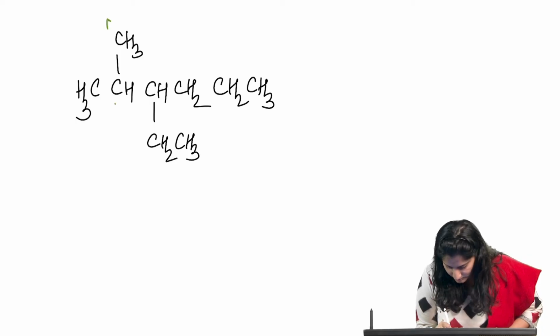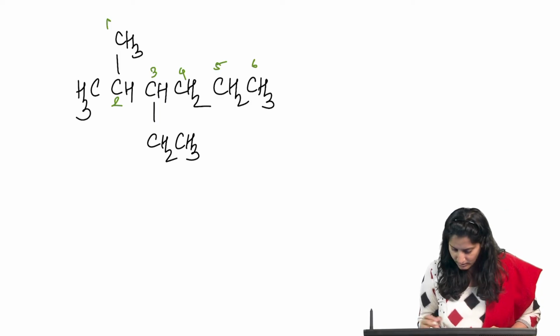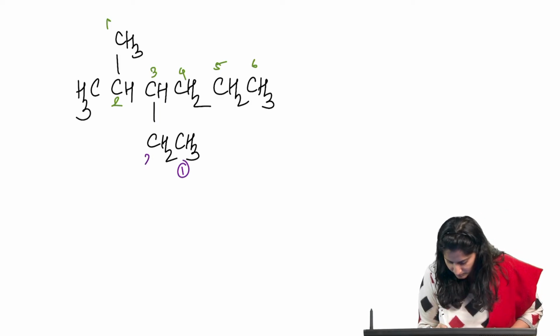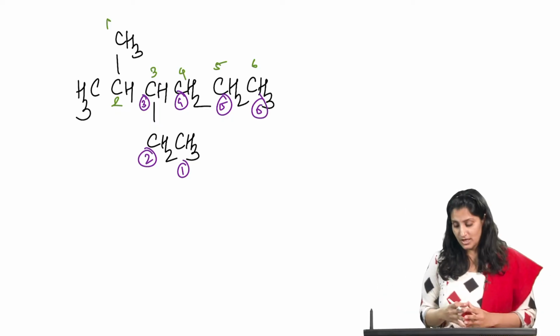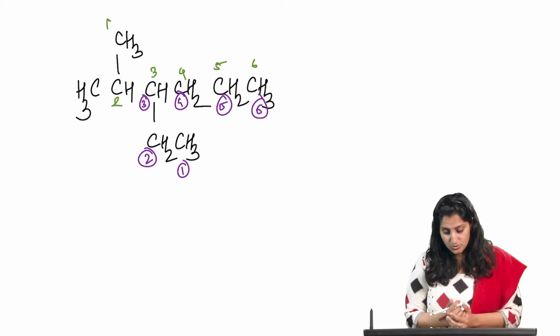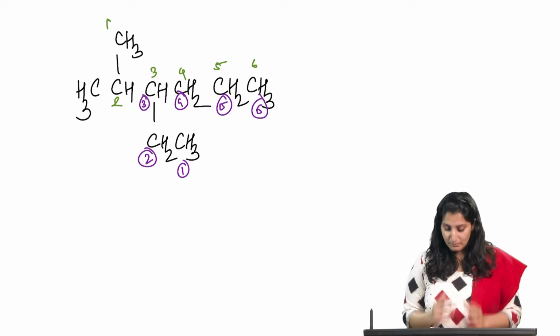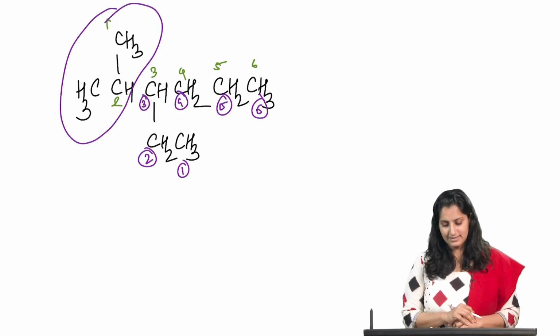I have 1, 2, 3, 4, 5, 6 as one of the chains, or I can have 1, 2, 3, 4, 5, 6. So what I see here are 2 continuous chains, both of them have 6 carbons in them. Which one do I choose? If I choose the one in the purple, I have one large substituent that looks like this.